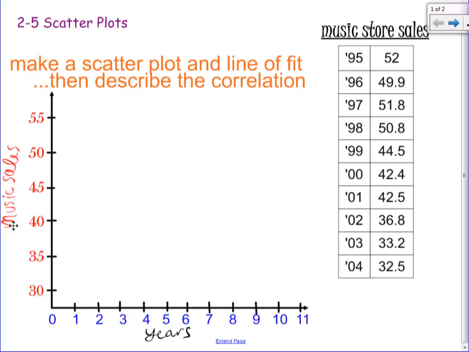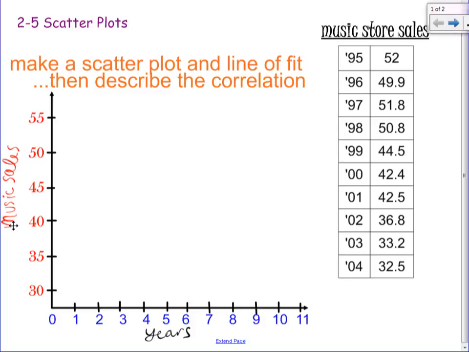we have years. Now you'll notice the years on the graph start at 0 and go to 11, but on the chart over here, they start at 95. Why do you think we're doing that? '95 is the first year they started doing that.